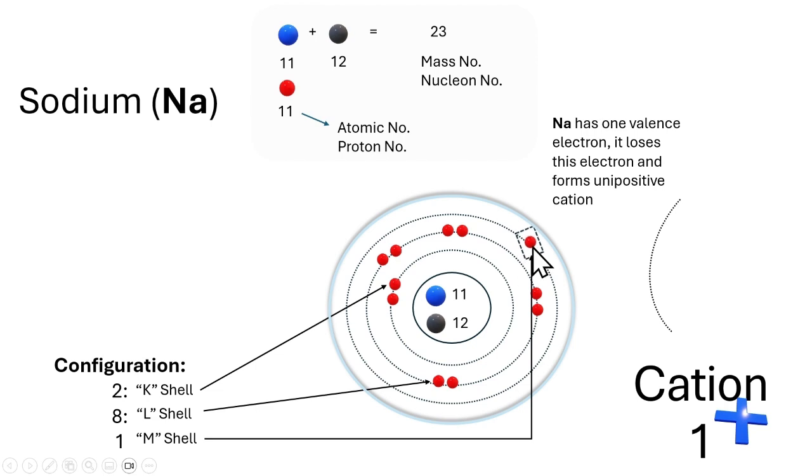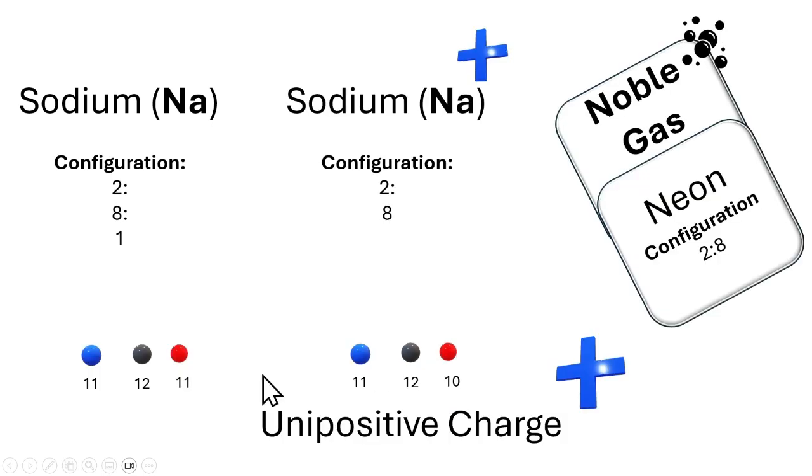So it will lose 1 electron, and you can see in the equation, sodium is 2, 8, 1, and when it loses an electron, it becomes sodium positive and has configuration 2 and 8, which is actually the configuration of noble gas, and it becomes stable. Noble gas is neon. Now when sodium loses 1 electron, its protons remain 11 and number of electrons is 10. This means it has a unipositive charge.